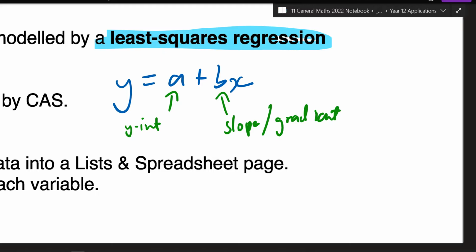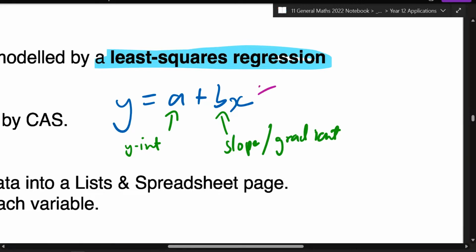And does anyone remember what the x and y represent? What does the letter x represent? Let's go with Fahad. What does x and y represent? Yeah, so you've got the two sides of the graph, the x-axis and y-axis. I'm thinking more in terms of the variables.